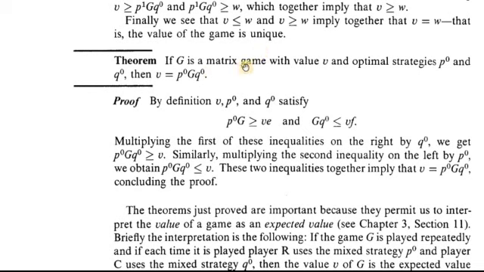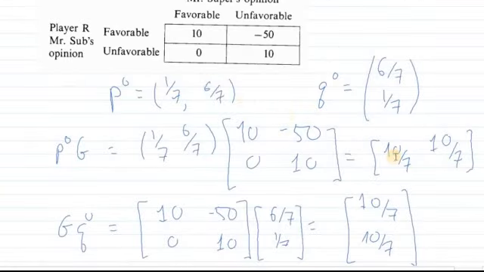Okay. Another theorem. G is a matrix game with value V and optimal strategies P0 and Q0. Then V equals P0 G Q0. This is related to the fact that no matter what strategy Mr. Super uses, Mr. Super's strategy would correspond to a column vector multiplying this row vector.